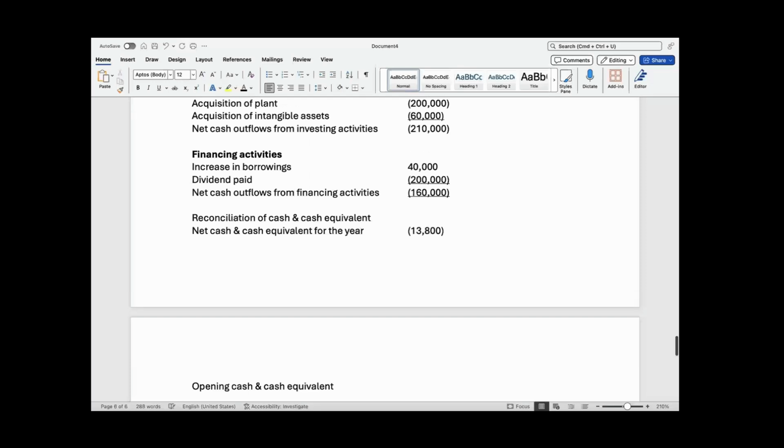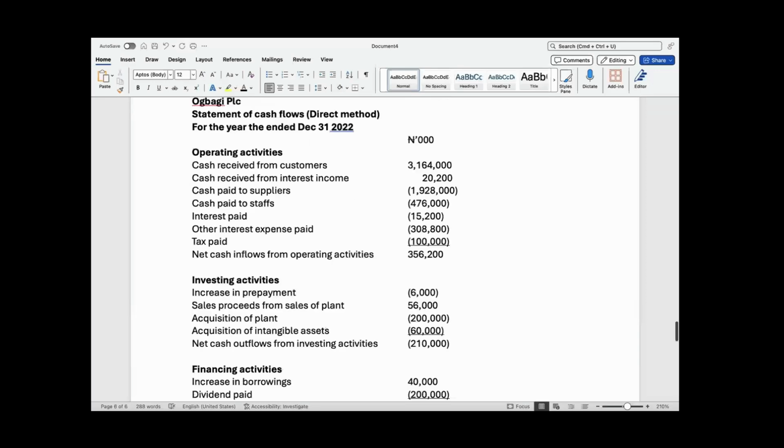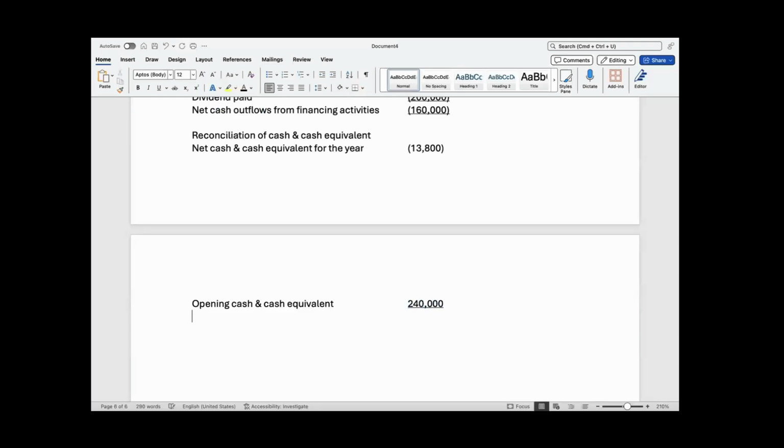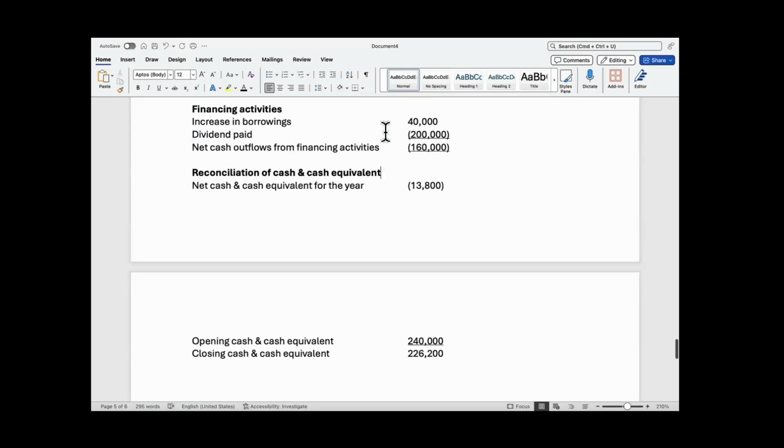If you sum these two together and you're getting that closing cash and cash equivalents, you've gotten everything. How much did you get? 226,200. Okay, all right. If you don't get it in the exam, please, it doesn't really matter. It doesn't mean anything at all. Just go on.